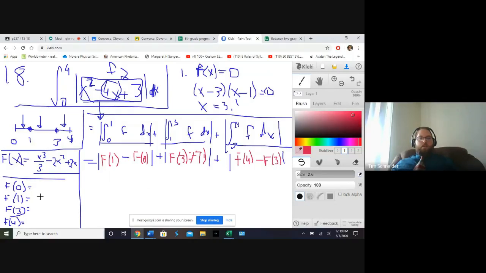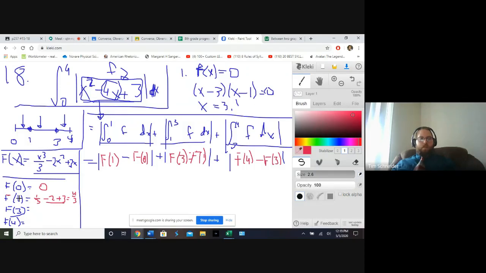So if you plug in 0, you're going to get 0. If you plug in 1, what do you get? 1/3 minus 2 plus 3. In other words, this is positive 1 plus 1/3, so in other words, 4/3.